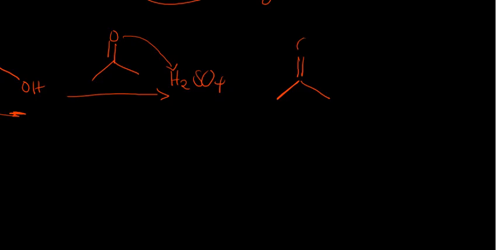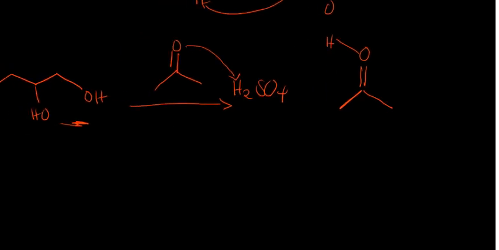Now we can use the alcohol which is here. We can use this or this, but we would prefer going for the terminal one because it has a lesser hindrance compared to the one in the middle. So it's this one with these two lone pairs that comes and attacks here, breaking the bonds to the oxygen which is positively charged there.